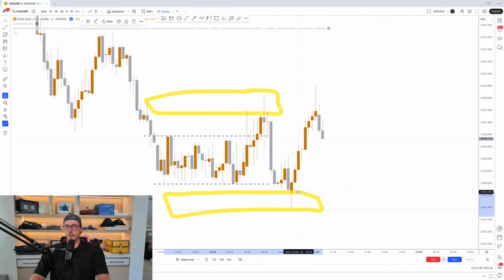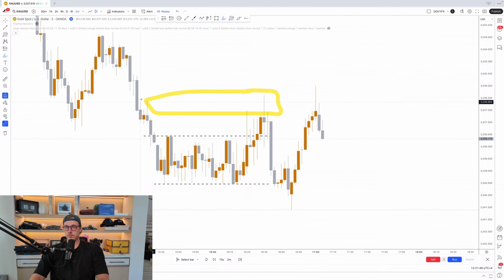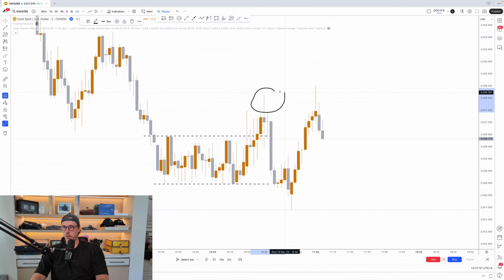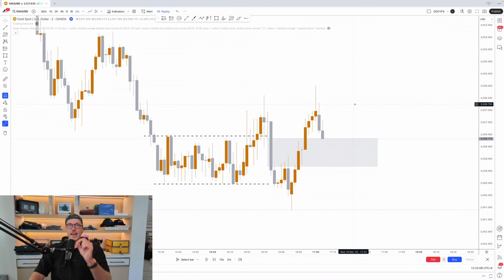Also, with this massive push, we gather liquidity here and we gather liquidity here. So step number 1 done. Step number 2 is also done. Now, step number 3 is our fair value gap, which is going to be right here.